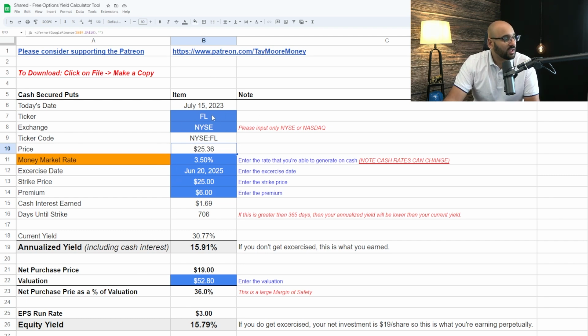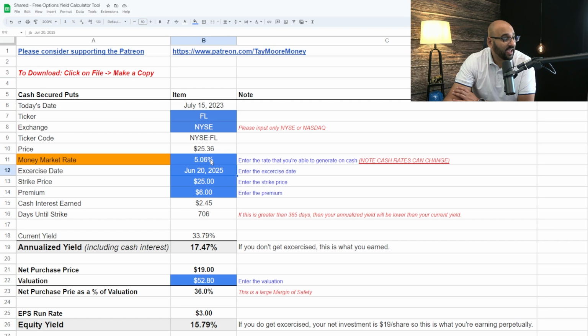And so the first thing I would do is enter the ticker symbol and the exchange, and you can do that right here. And then the second thing that I'll do is I'm going to enter the money market rate. And so I'm not going to put in the 5.06 that you see being quoted with the Vanguard rate. And the reason why I'm not going to do that is because if you notice, this exercise date is June 20, 2025.